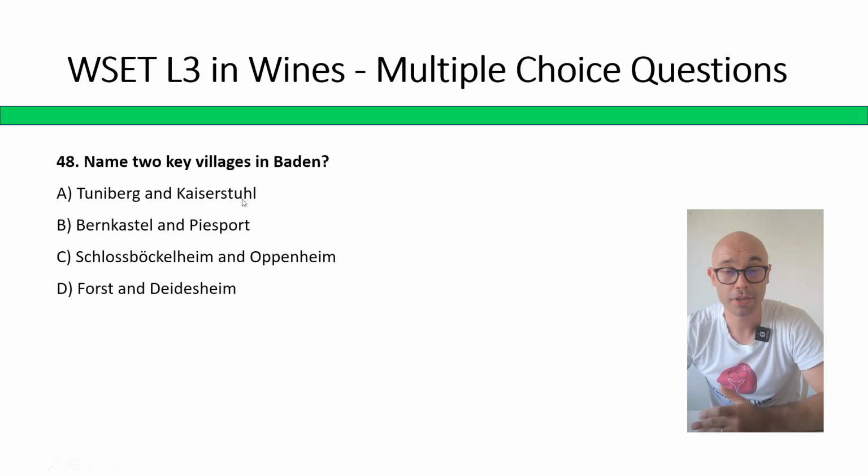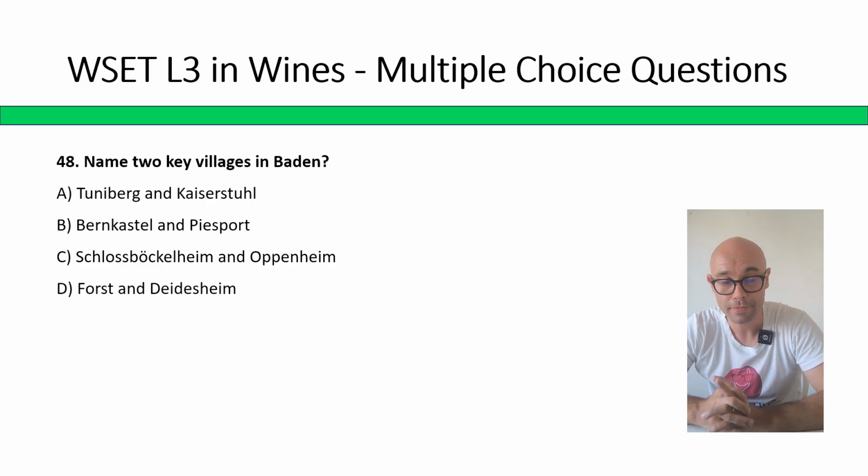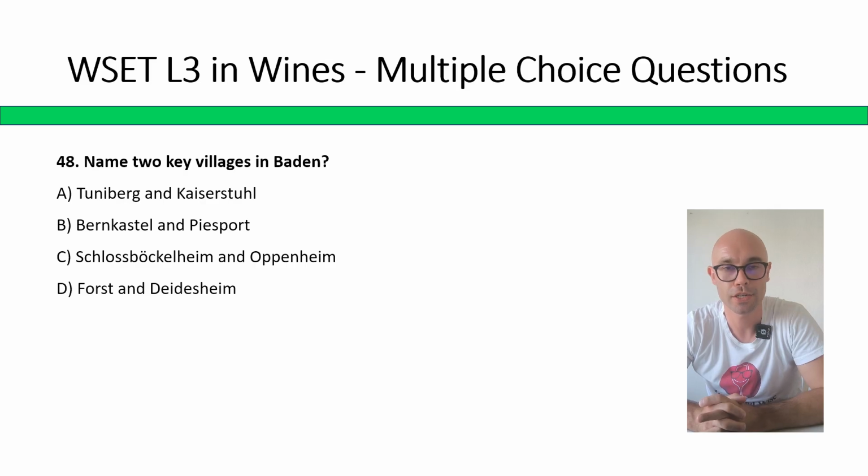How are you going to remember these German villages? Honestly, for Level 3 in Wines, and for WSET in general, it's not that important. Even if you get a question or two or three for the name of German villages, you're going to lose a few points on the multiple choice part, which is not going to be a big deal.